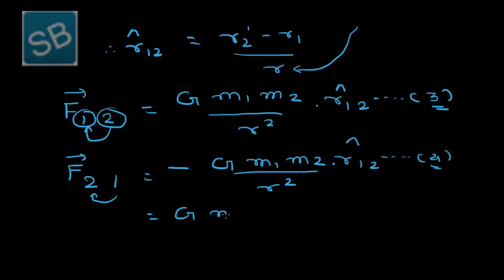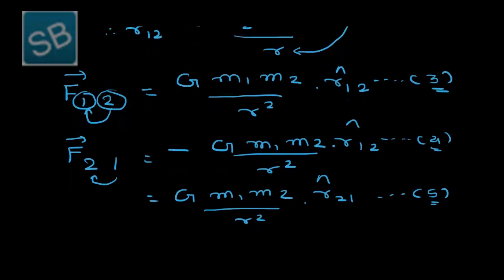So G m1 m2, if I remove the negative sign, then I have to change this unit vector notation. And you can see from equation 3 and equation 4 that F12 is equal to minus F21.